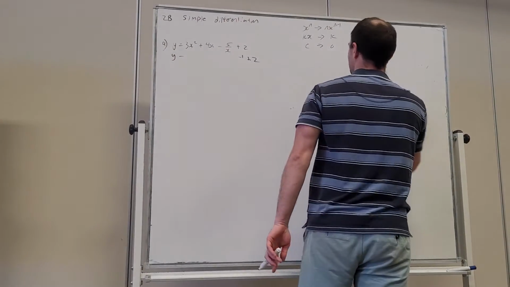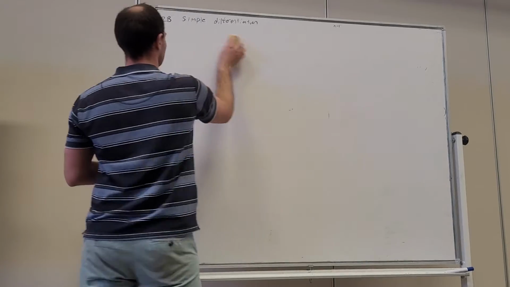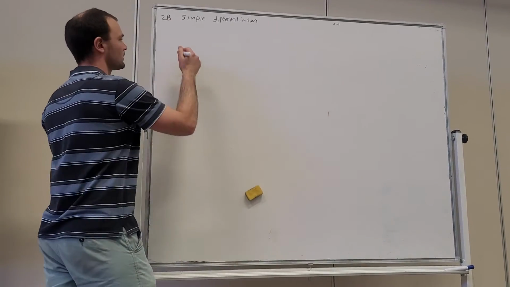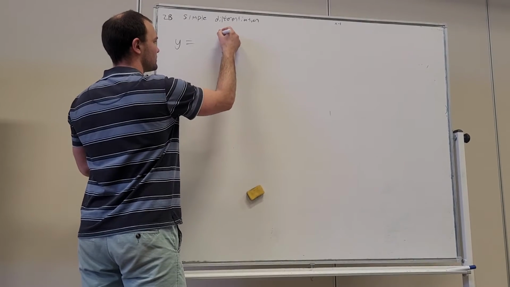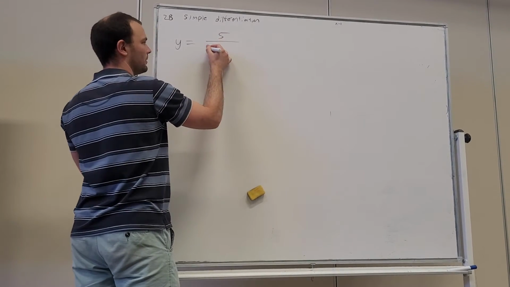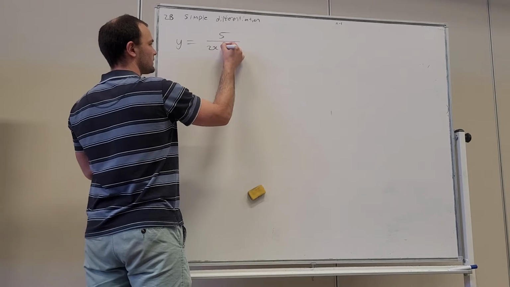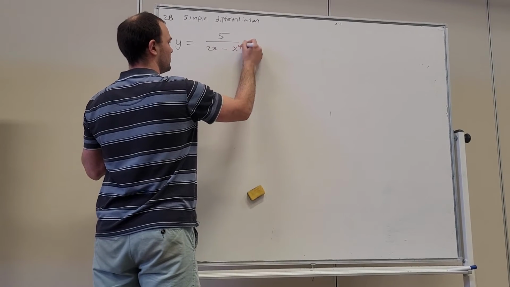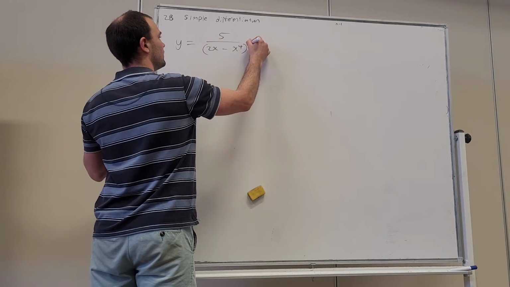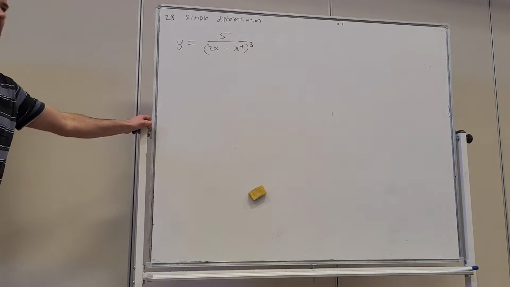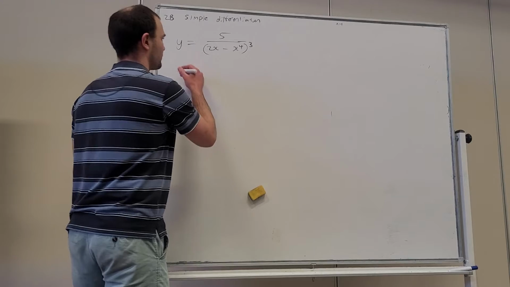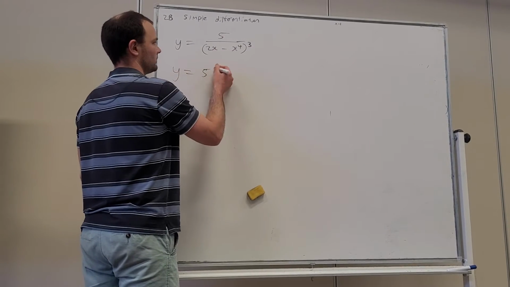So let's do 5 on top of 2x take x to the 4 to the power of 3. Okay, step 1, express it at the top of the fraction.